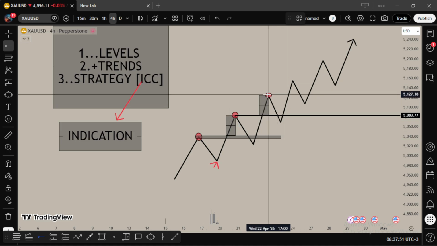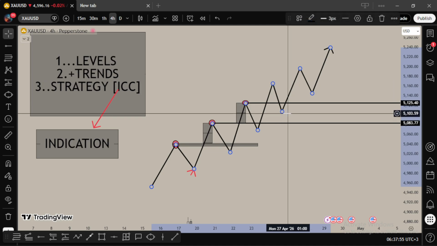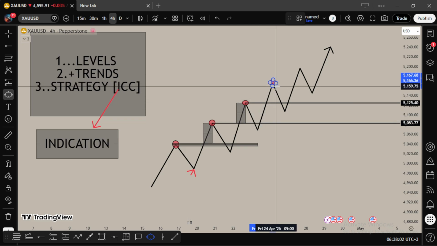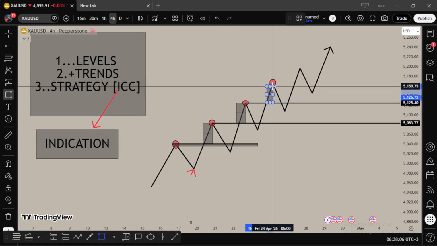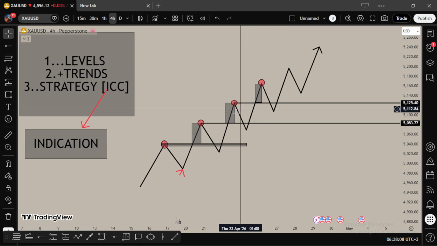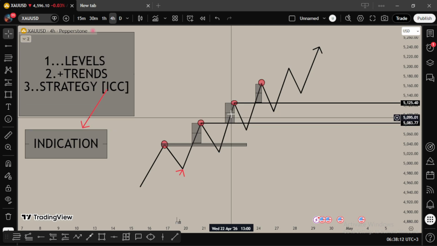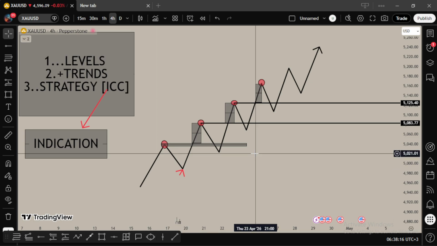We mark that level of sellers. We want to see price movement above that level. So let us mark the next level of sellers. Now this is the indication showing us how far price wants to go above these levels of sellers that we are marking. And the pattern continues.